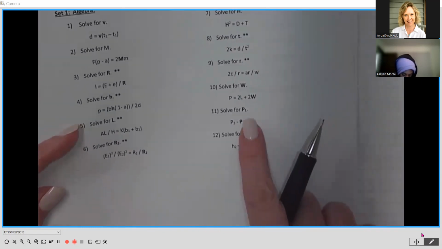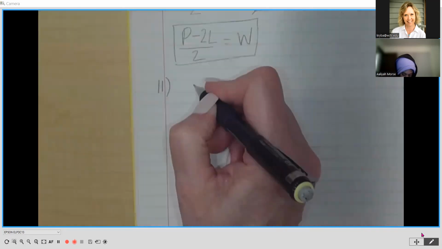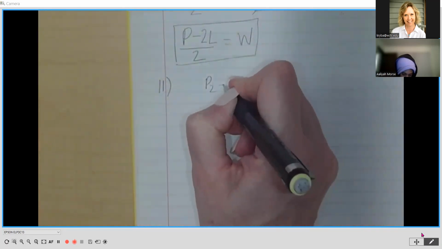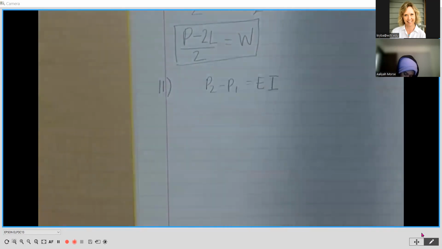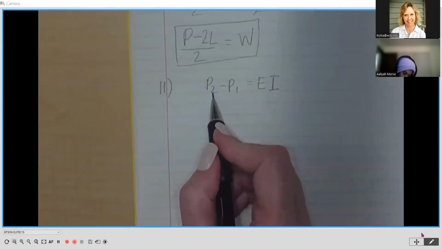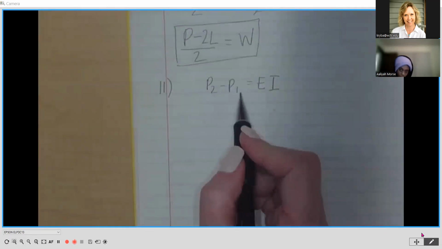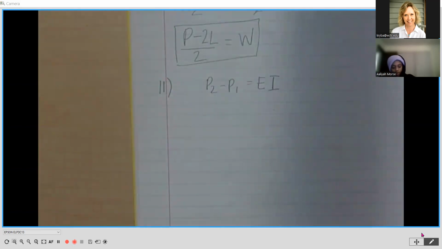Number 11, we're going to solve for P1. So we've got P2 minus P1 is equal to EI. That's a capital I, not a 1. We want to solve for P1 here. So to get P1 by itself, how would we get rid of P2?